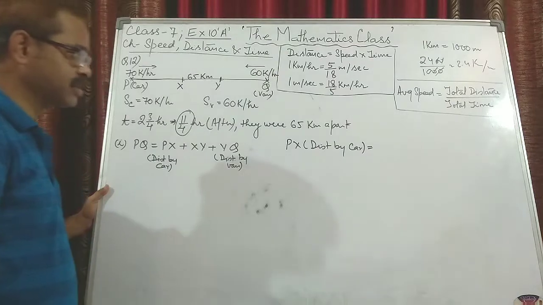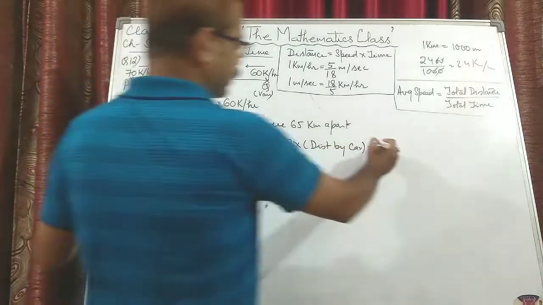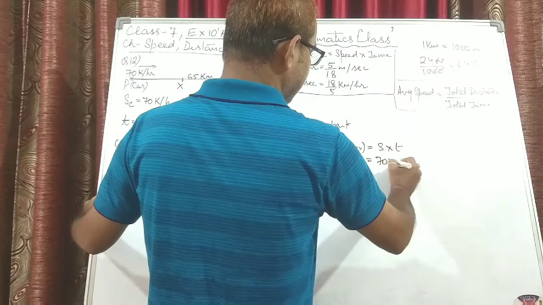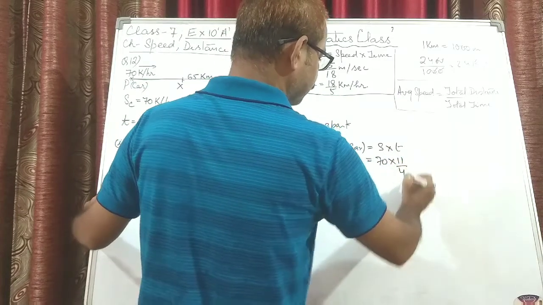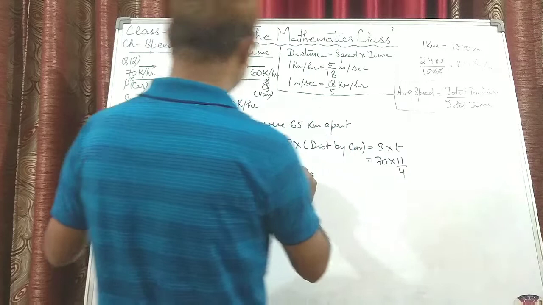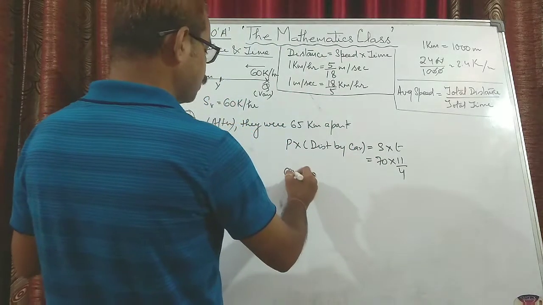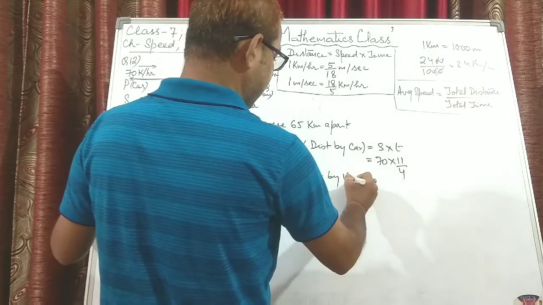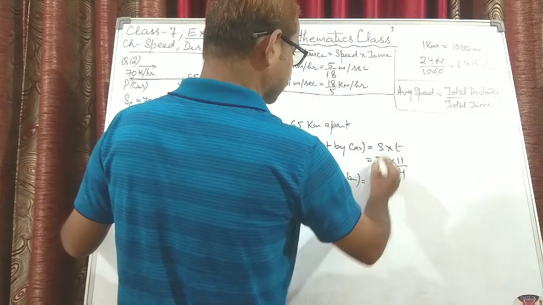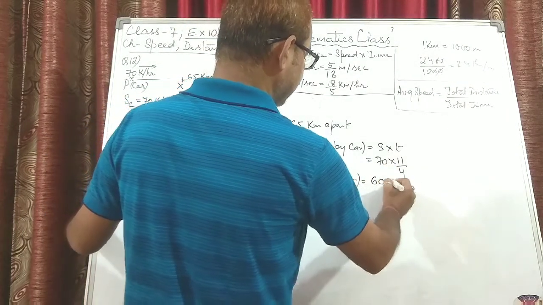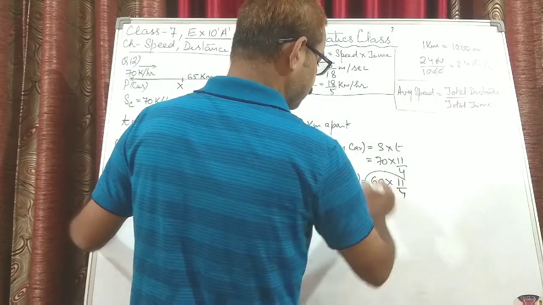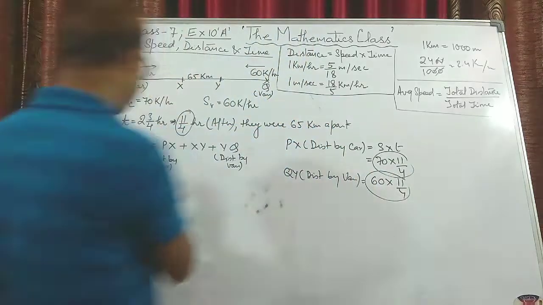We know that distance is equal to speed into time. So PX, the distance by car, is speed 70 into time 11/4 hours. Similarly, QY, the distance by van, is speed 60 into time, again 11/4. So we put these values over here.